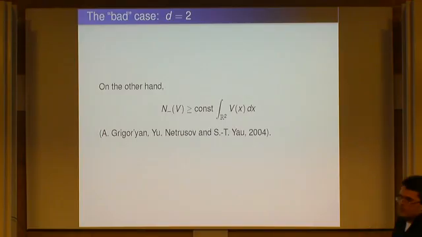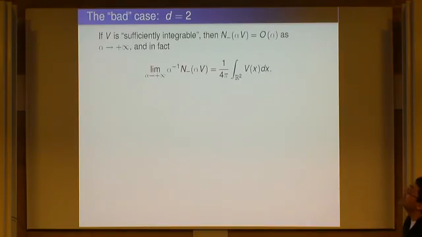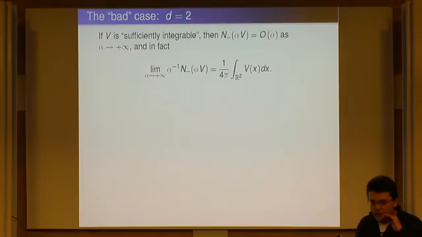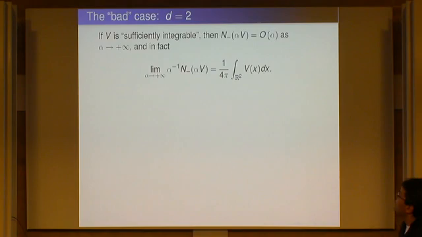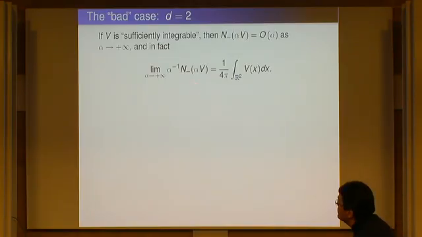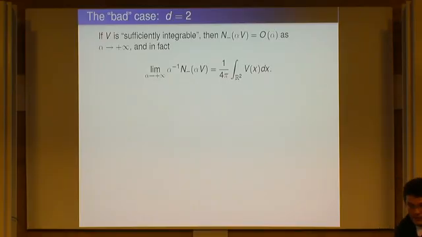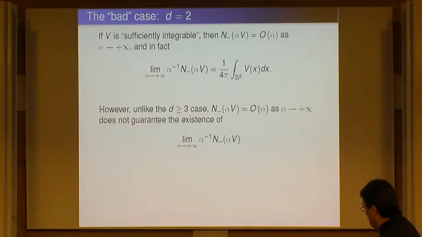So what you see is that this case is different. Now, I'm talking about still the two-dimensional case. If the potential is nice, there will be sufficient conditions later on in the talk, but if the potential is nice, then you have the semi-classical asymptotics, and you have a formula that resembles the formula in the higher dimensional case. However, the situation is not quite as straightforward even here as it was in the multidimensional case.